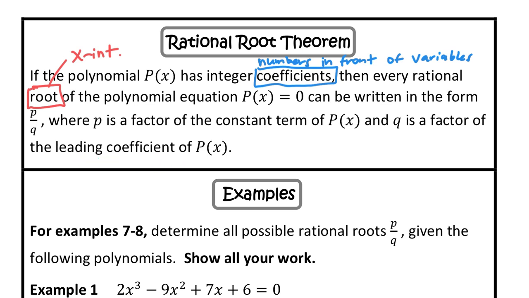So we have this p and this q. So let me color these. And so we're going to practice finding the p's and the q's, and I'll kind of explain. We're just going to practice with two examples.